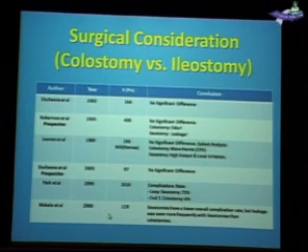Now, these last two studies actually did show a difference. So 1,600 plus patients with stomas, and the loop ileostomies are associated with 75% overall complications, which is interesting compared to end colostomy. But look at the year, it's 1999.